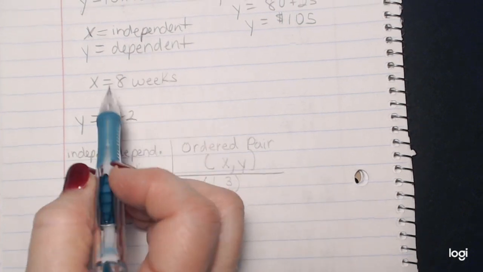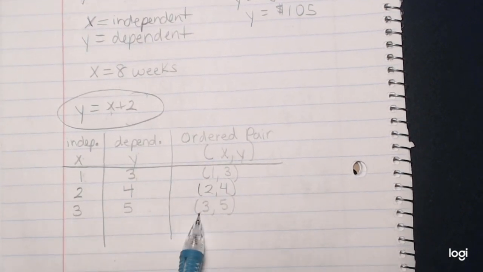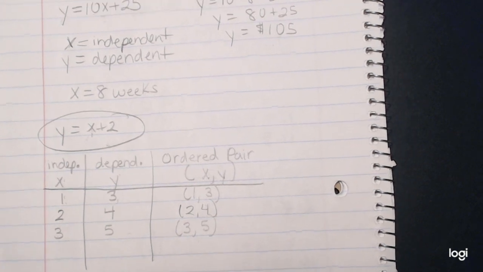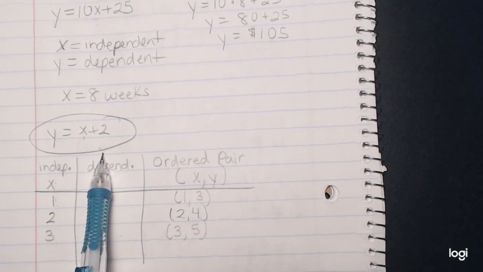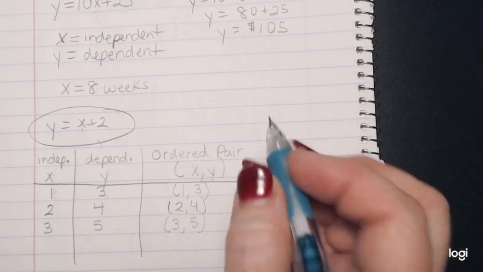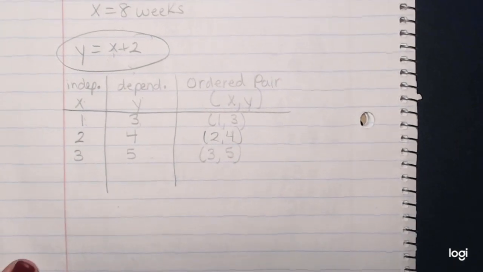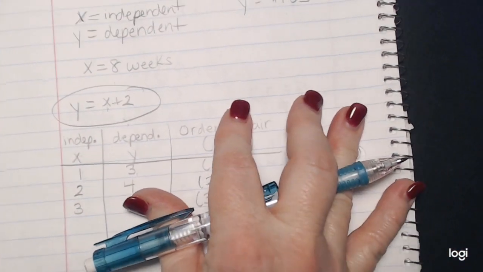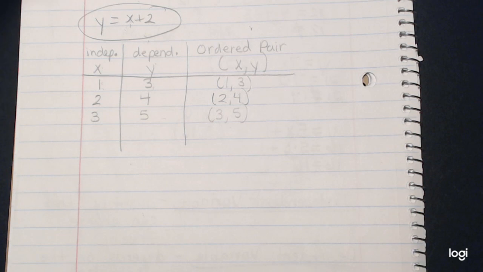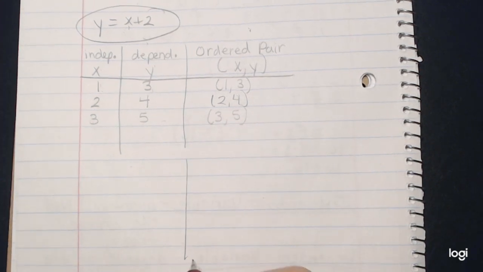Now, after using this equation right here, making a chart, I could actually plot points and graph this. So in our notes, we're actually going to make an x and y axis.